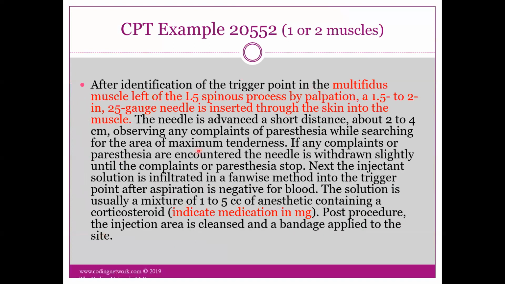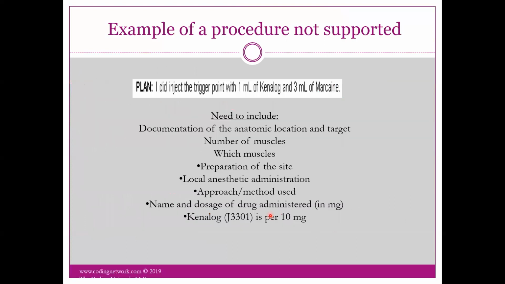So again, this is just an example where the muscle involved is being documented. Indicate medication in milligrams is another key point. But a lot of trigger point injections that I've seen, not necessarily in your practices, just overall, I see a lot of notes like this. I did inject the trigger point with whatever meds.